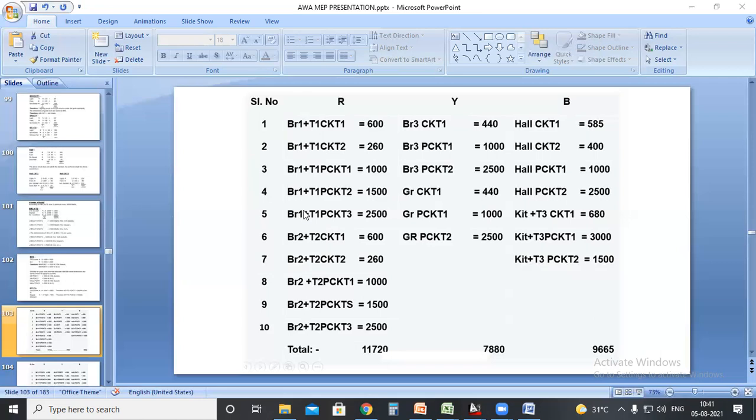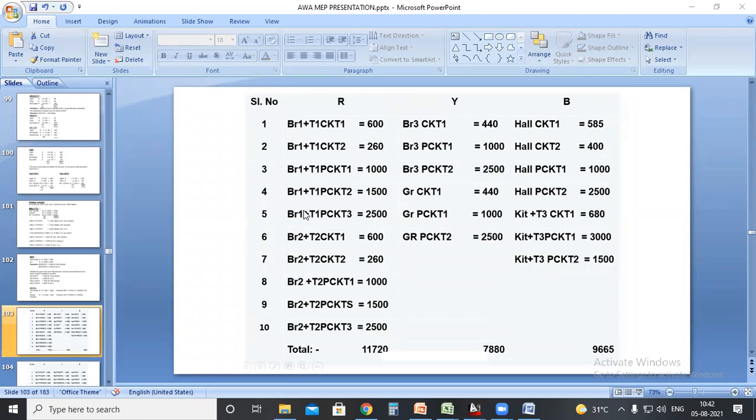Then automatically 2,500 watts will be lesser in the R phase and it will come around 9,000. So R phase will be balanced. When the 2,500 watts come in the Y phase, obviously you will be adding this value. So the Y phase load will also come around 9,000. Okay, so that is the easiest way. But here, is there any possibility?